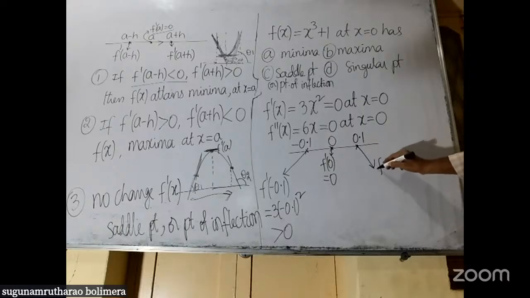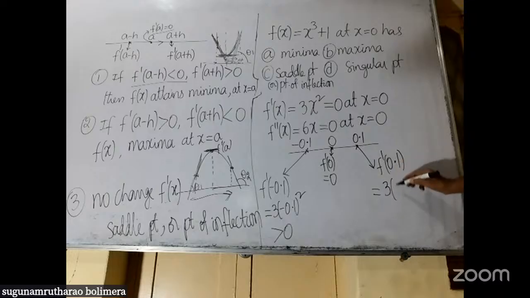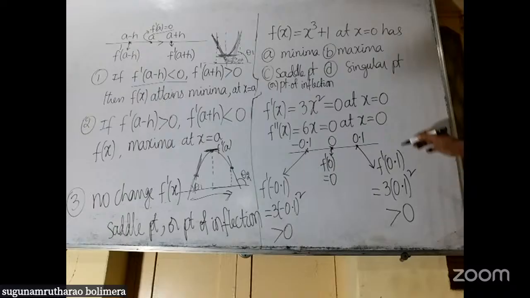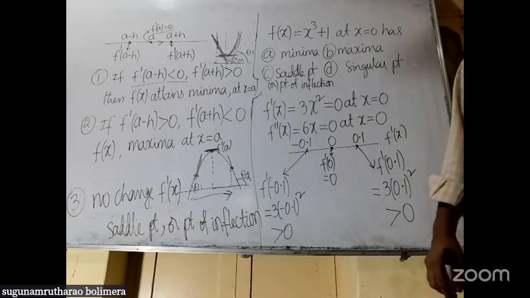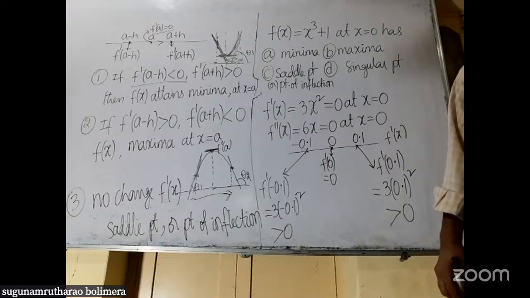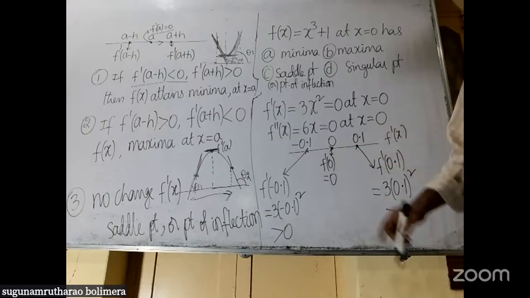And f dash of 0.1 is 3 into 0.1 whole square. Again, it is also positive. So f dash of x has no change of sign from left to right in the neighborhood of 0.